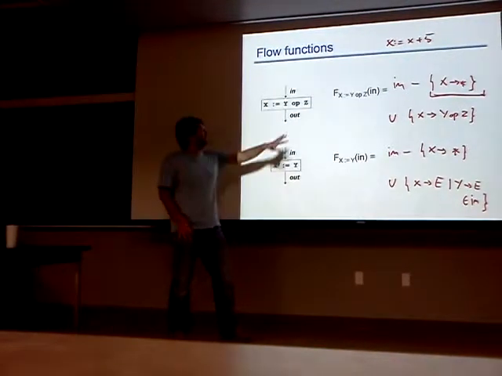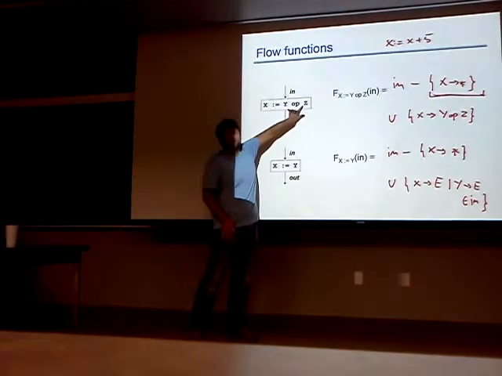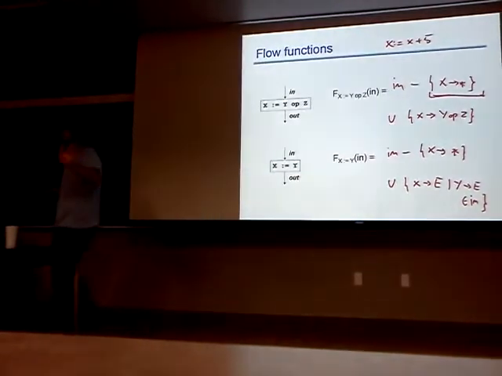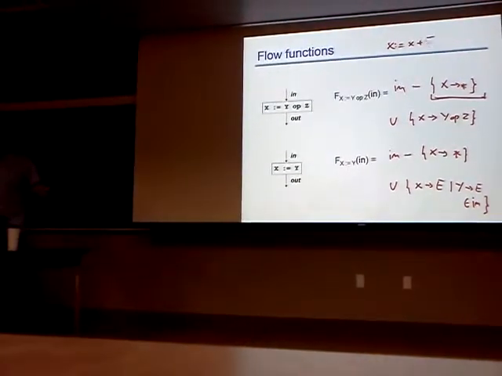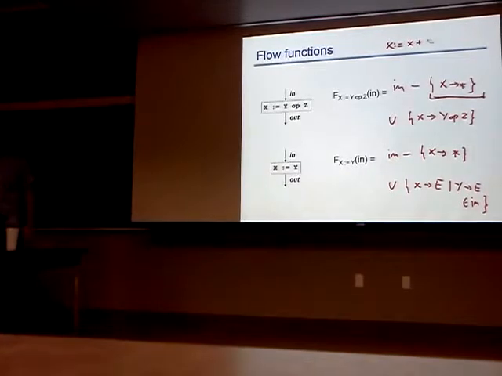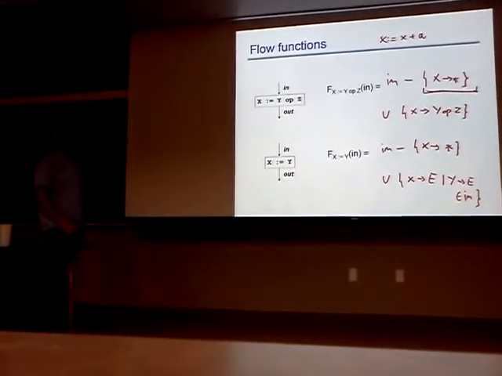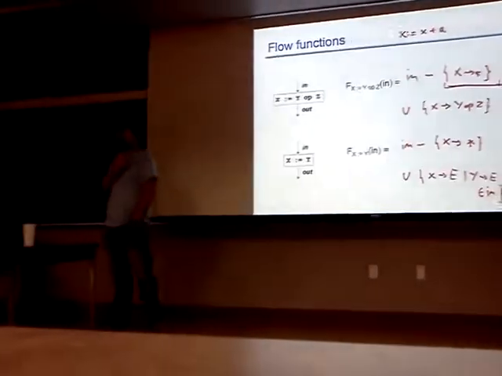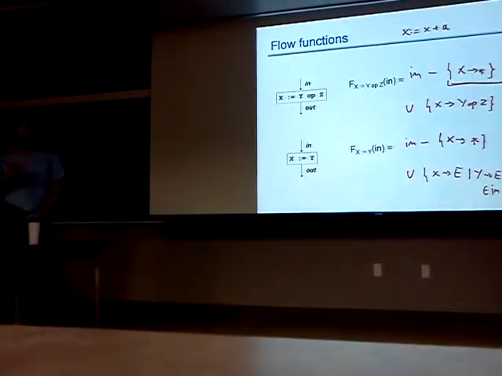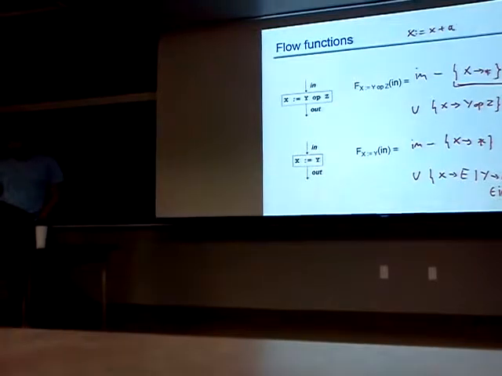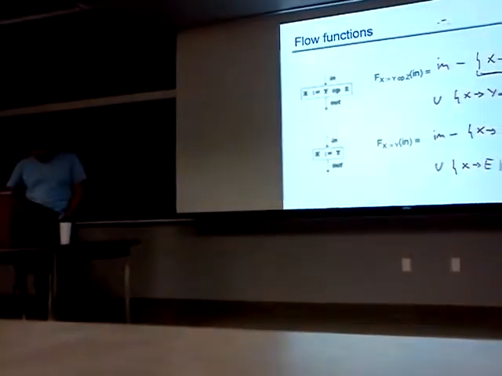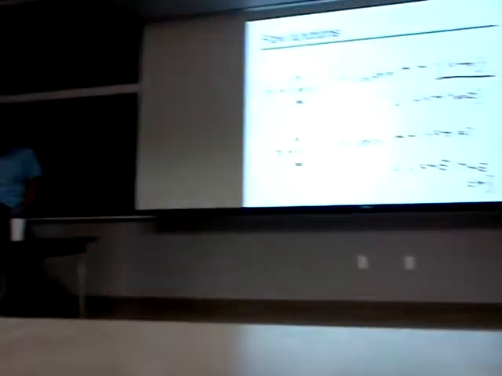Strictly speaking, this doesn't fit our syntax because both of these have to be variables. But let's do this. So what is your analysis going to compute on this? What is this flow function going to compute on this? Let me actually do it.